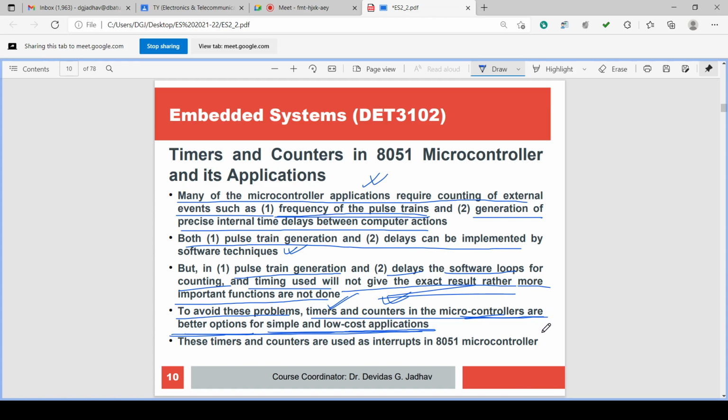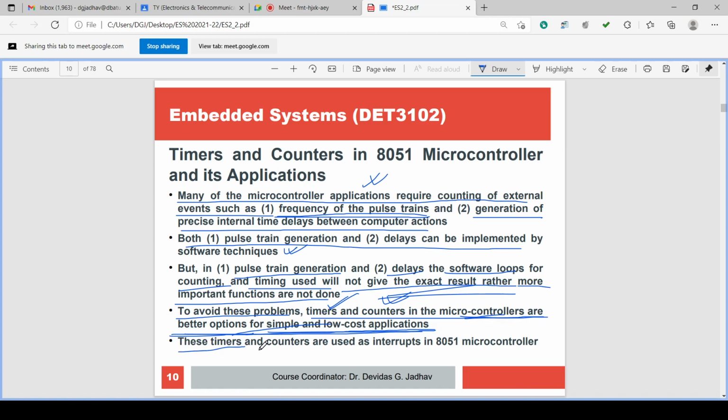We can use software also, but the better, low cost options are these timer counters, and they are accurate also.